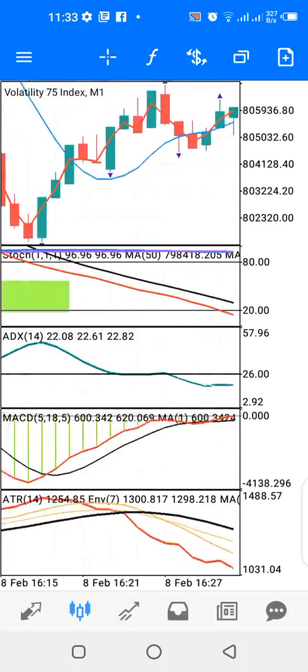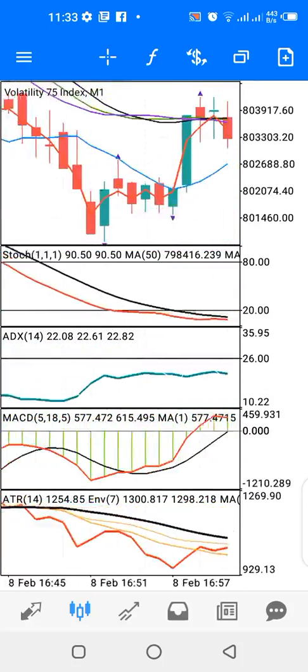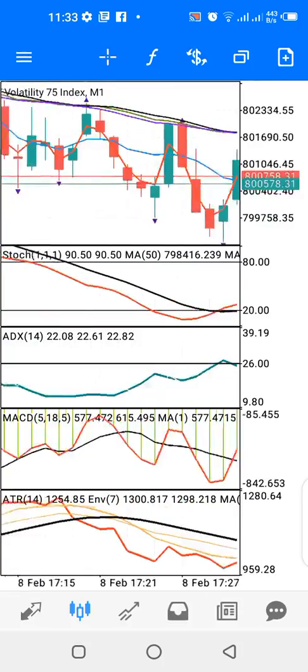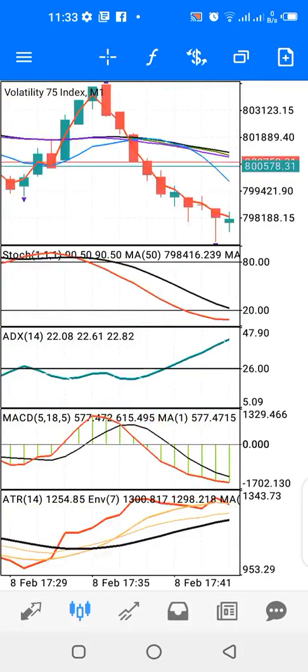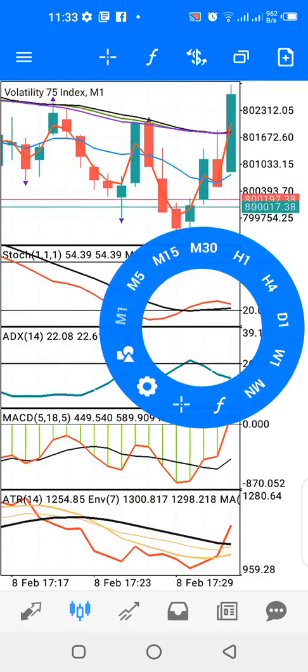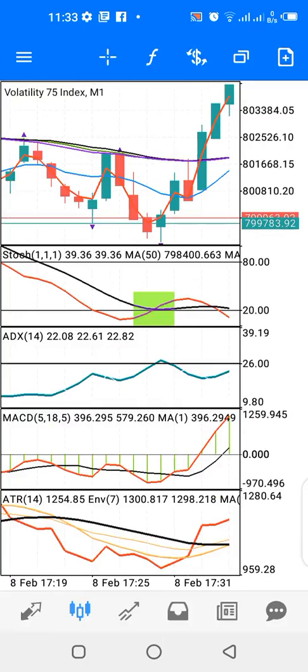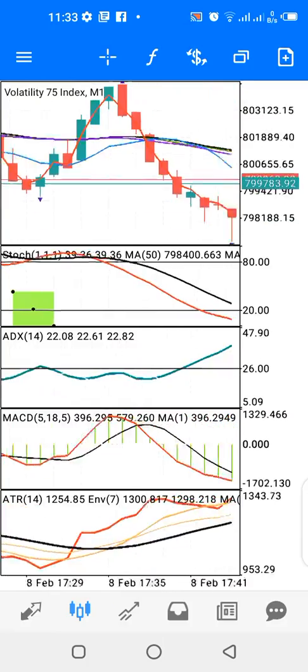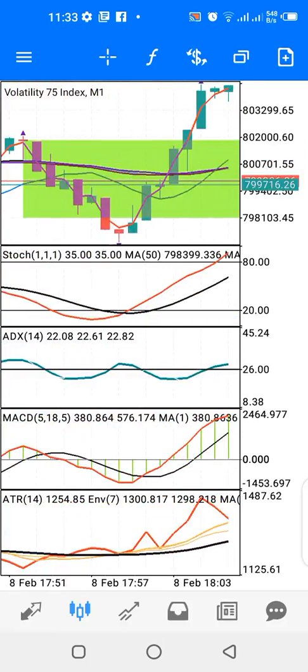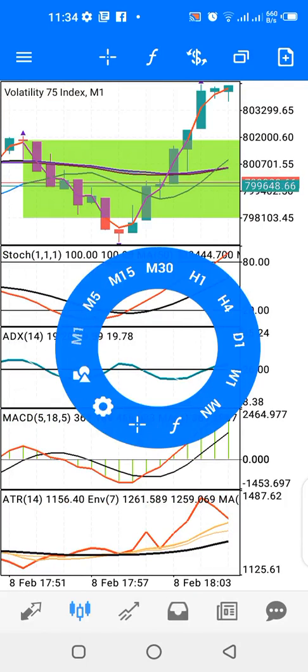Okay, let's look for where it crosses up to have a buy signal. There's a cross up here, but it failed, like a fake out. Failed there. Okay, you have a cross up here for you to buy.